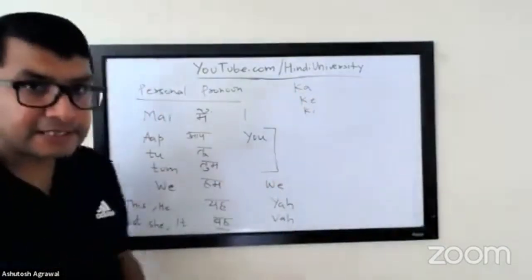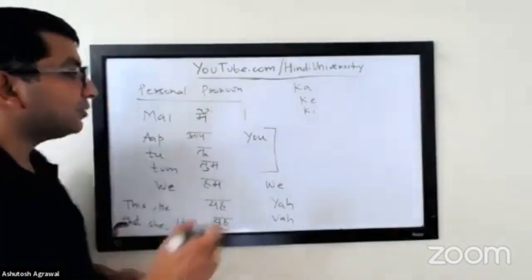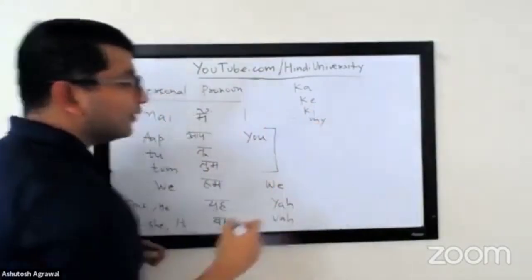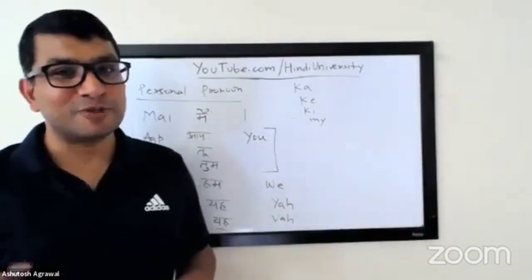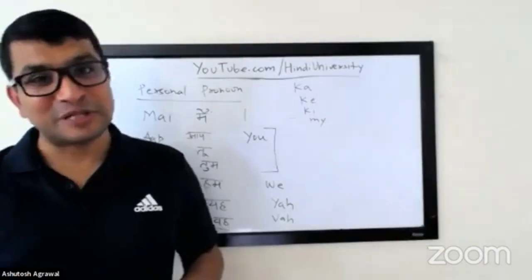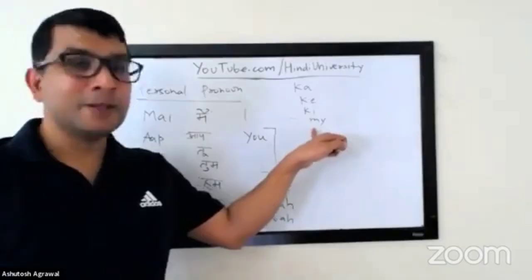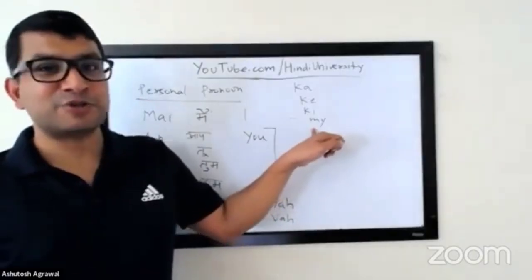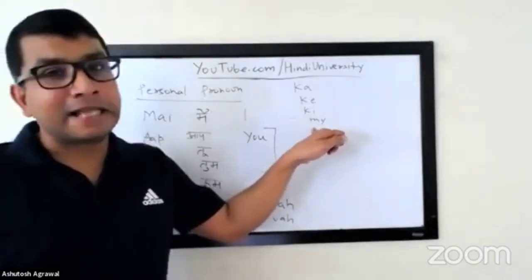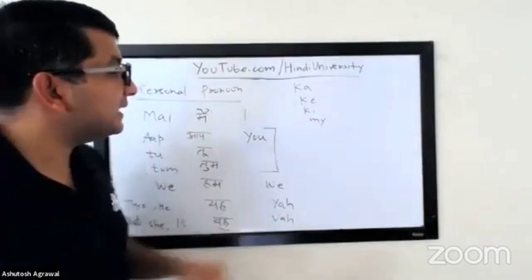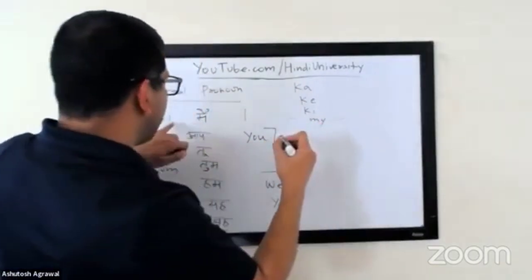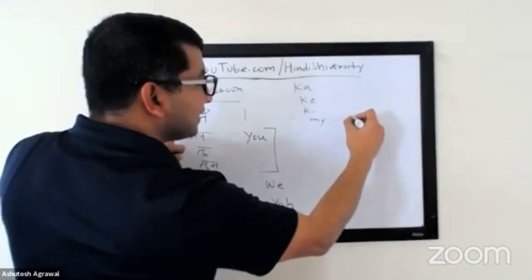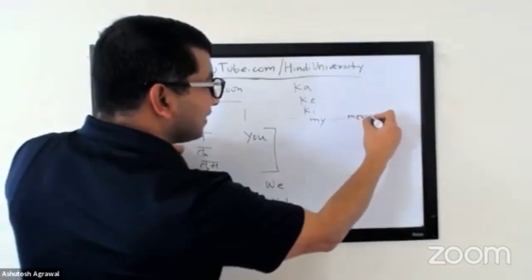The key difference is that in English you will only have my. Whether you have one brother, multiple brothers, one sister, multiple sisters, it's always my brother, my brothers, my sister, my sisters. Unlike that, in Hindi it changes. So you will have मैं plus ka would be mera.